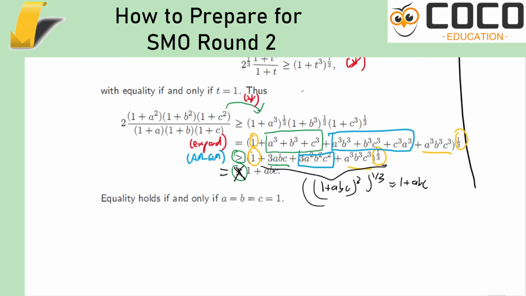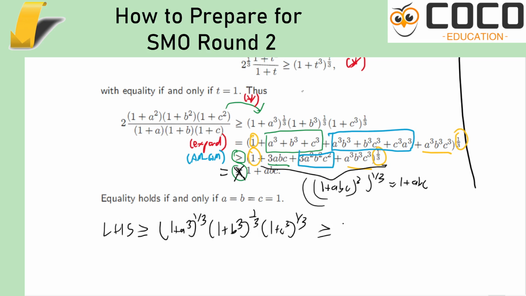The skeleton of the solution is basically left hand side is greater than or equal to this product, and then it kind of just shoots straight to the right hand side already.